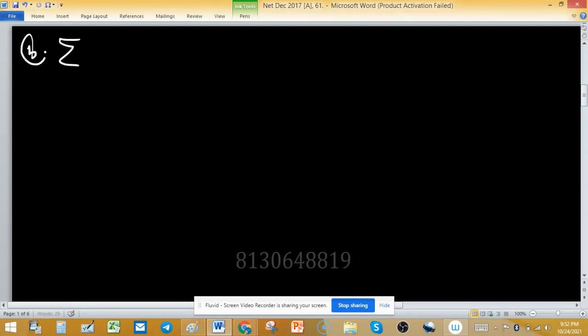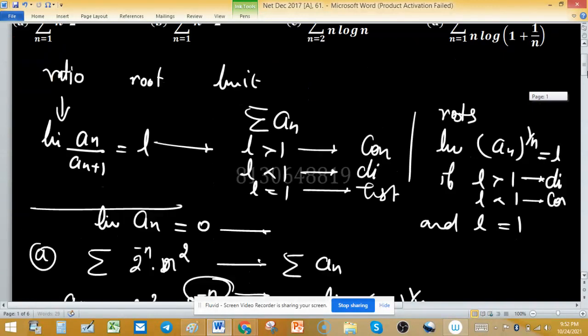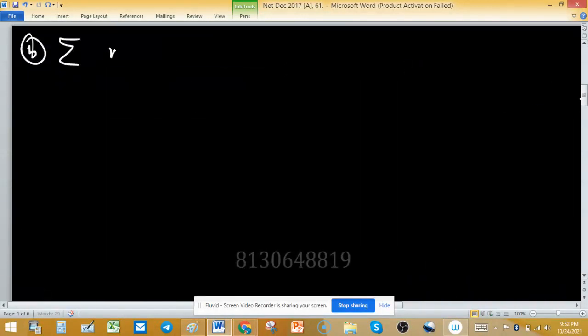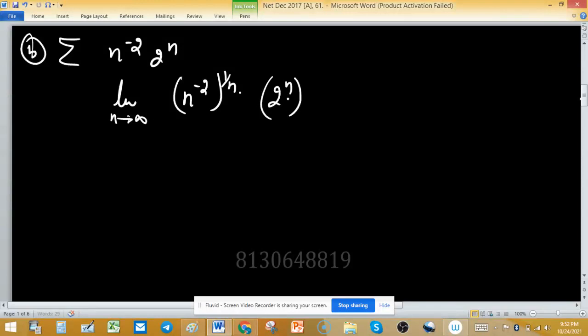For option B, what is option B? Option B is n raised to the power minus 2, 2 raised to the power n. Again, I am going to apply the root test. Limit n tends to infinity of n raised to the power minus 2, raised to the power 1 upon n, into 2 raised to the power n raised to the power 1 upon n.